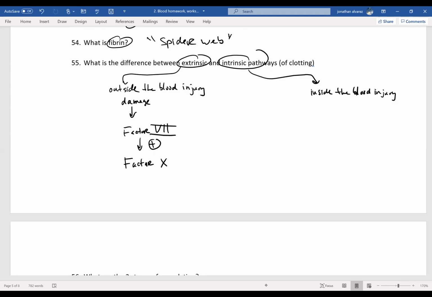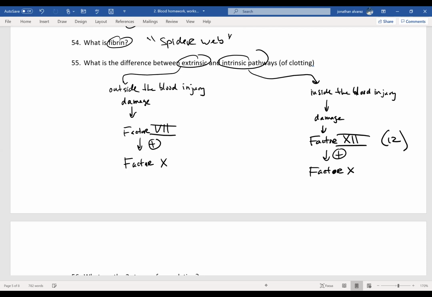Okay, on the intrinsic pathway, there's damage, and factor 12 is activated, which activates factor 10.